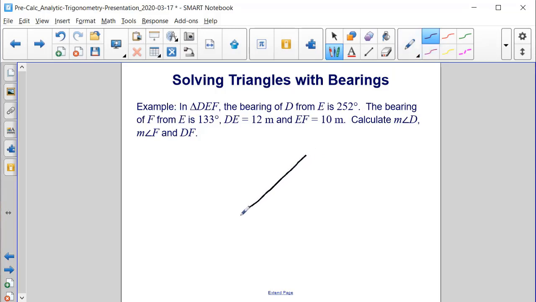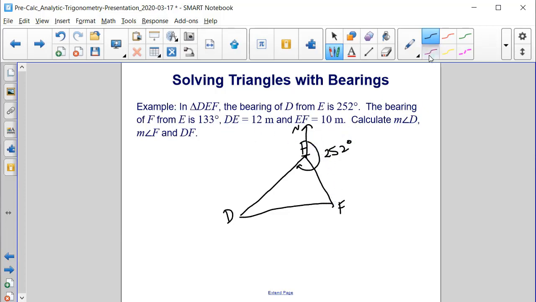So we are given a triangle DEF, and we are told that the bearing of D from E, so I'm going to draw the north direction here, is 252 degrees. And the bearing of F from E is 133 degrees.